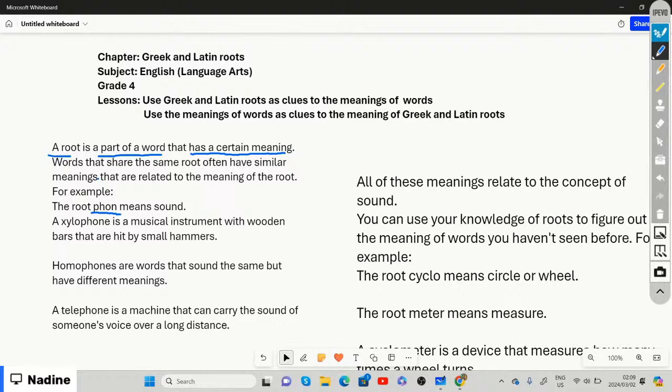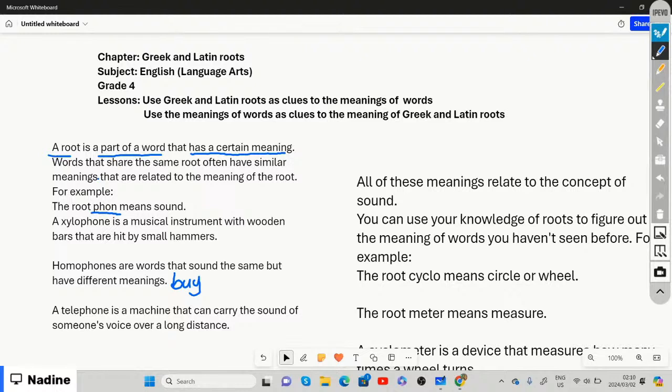For example, words like buy. This is to pay for something. You go to the shop and you're buying something. You need to purchase something, meaning you give money in exchange and you get your product.